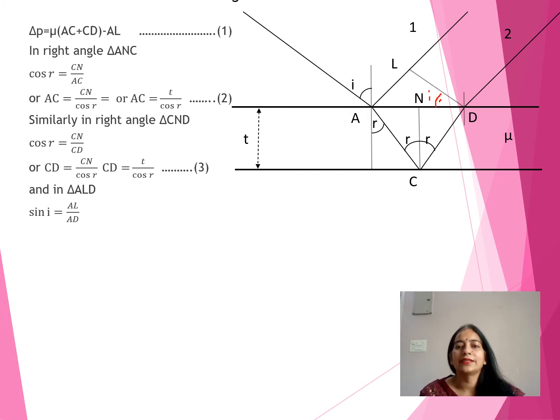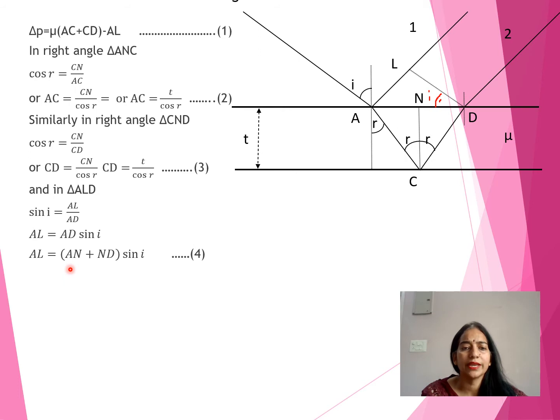So sin i equals AL upon AD. So AL equals AD sin i. AD can be written as AN plus ND, and AN plus ND can be calculated from the lower triangles. So AL equals (AN plus ND) sin i.